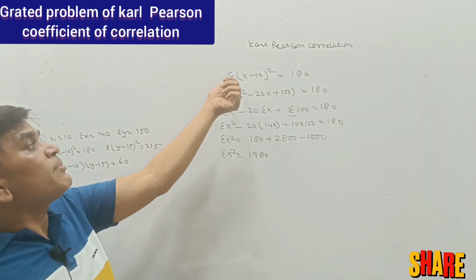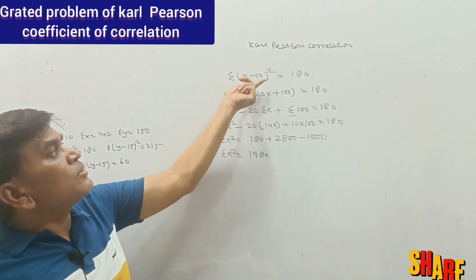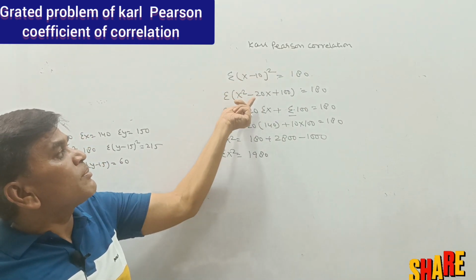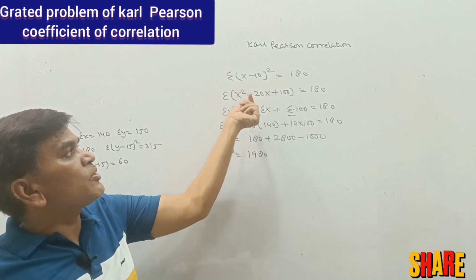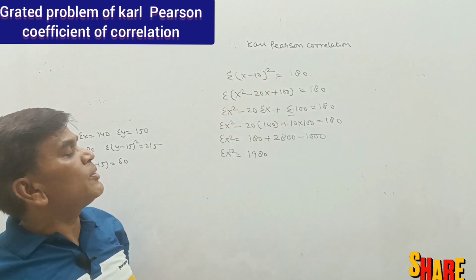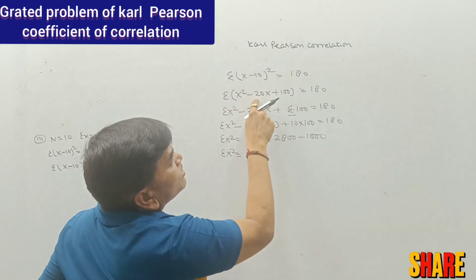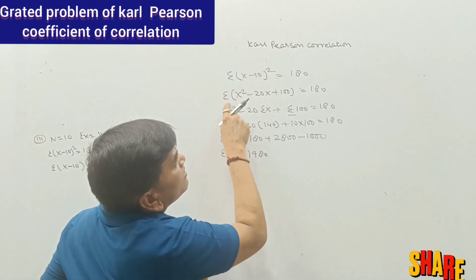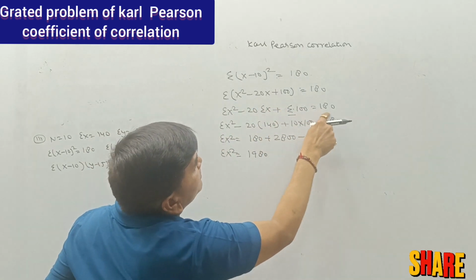What we have done? We have given sigma (x minus 10) raised to power 2 is 180. So (a minus b) square is equal to a square plus b square minus 2ab. Now sigma x square minus 20 sigma x plus sigma multiplied by 100 is equal to 180.